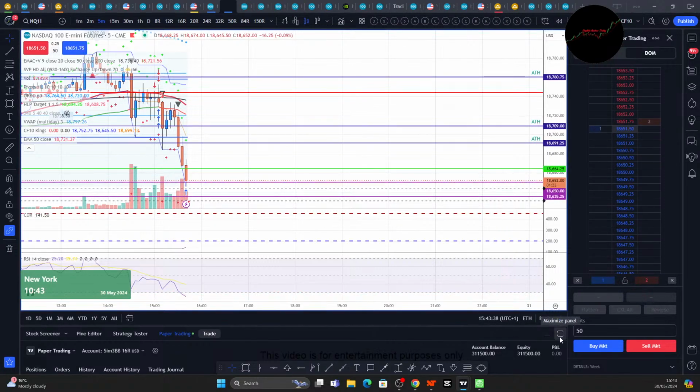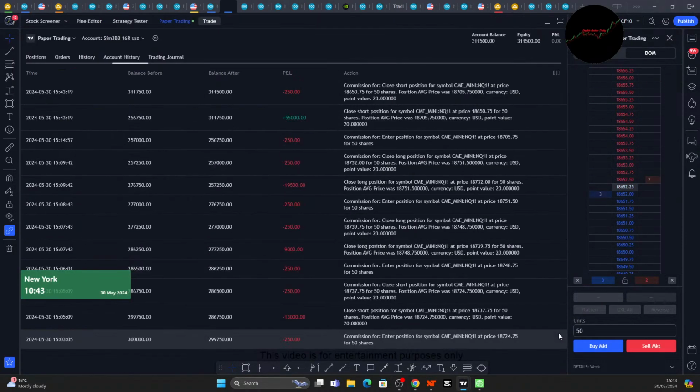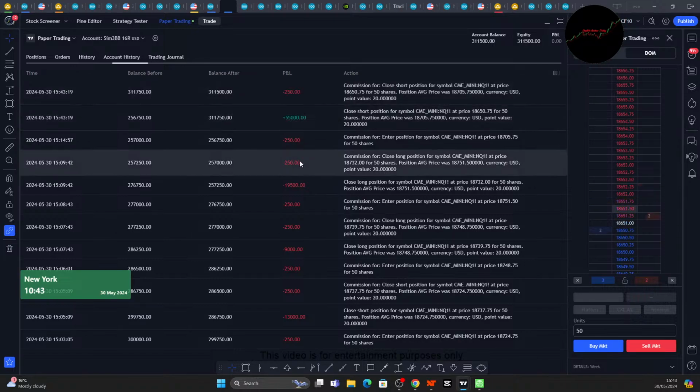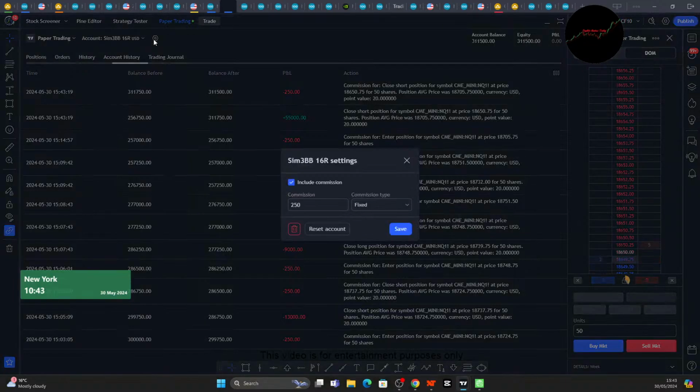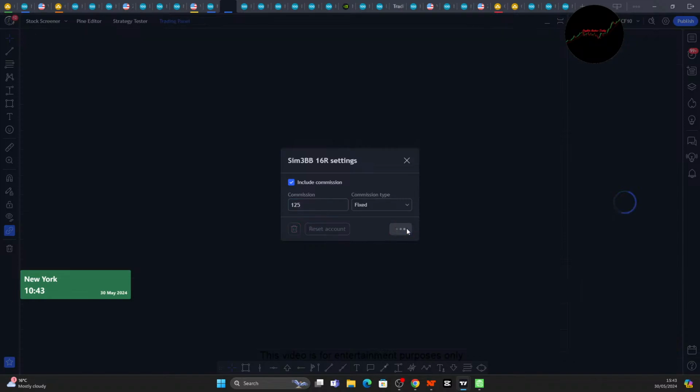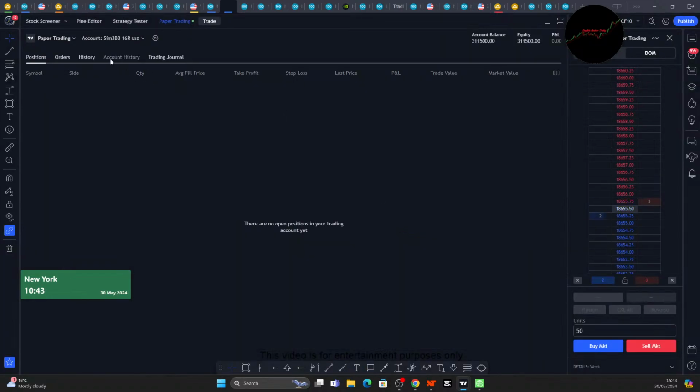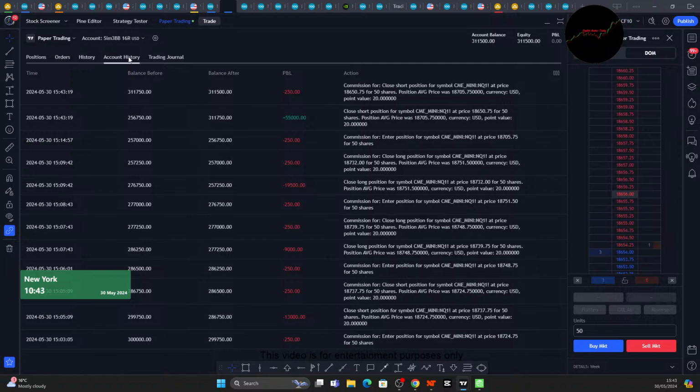I think I probably need to adjust the commissions here. The reason being, I've got like 500 per side, which isn't correct. Should be 125, because it's going to charge me twice. Oh, there we are.